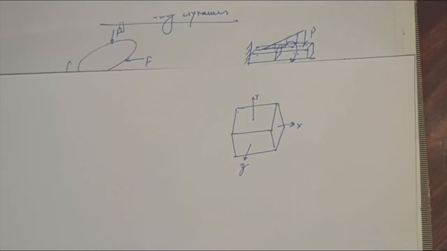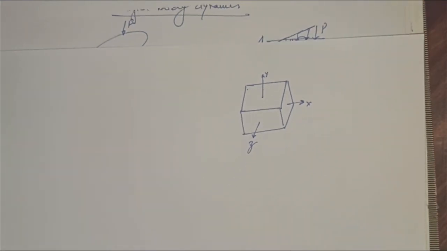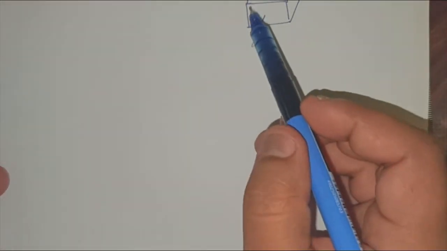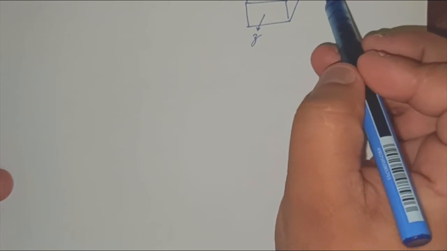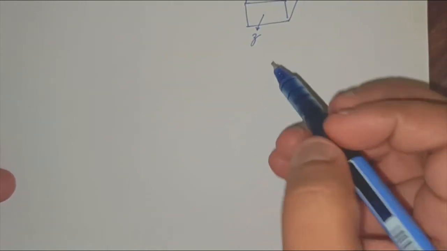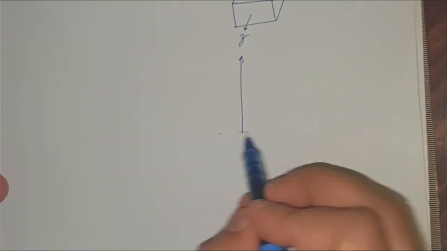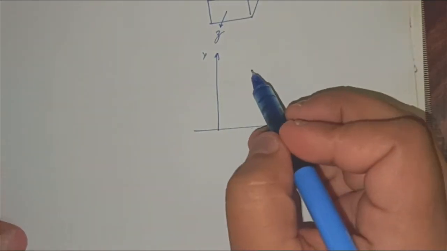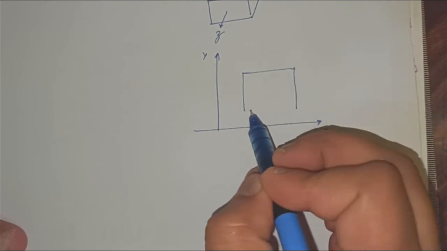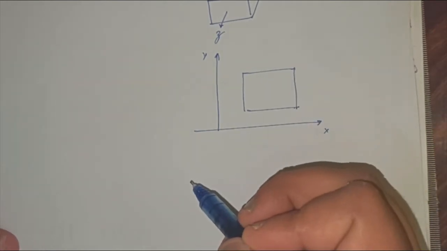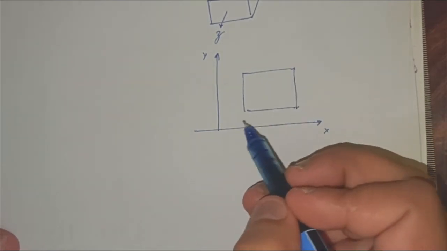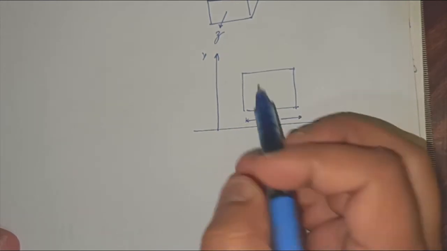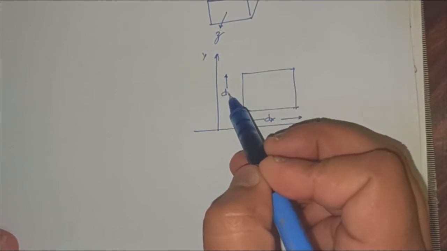Let's consider a 2D figure, which will be much easier to understand. For the same case, I'll make a 2D figure from this side. Let's say this is X and Y, and we have a 2D element with distance dx, and this is also dy.